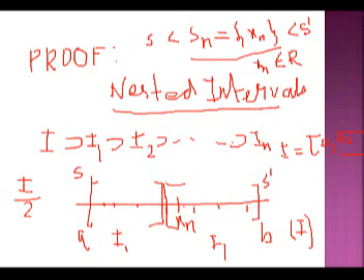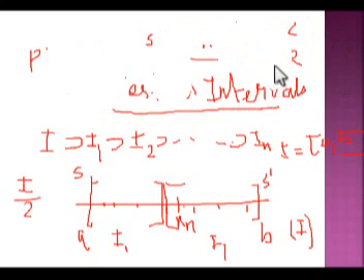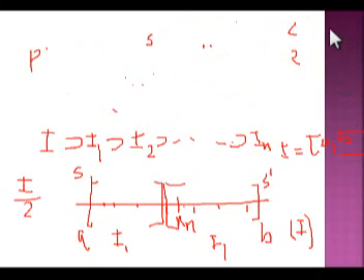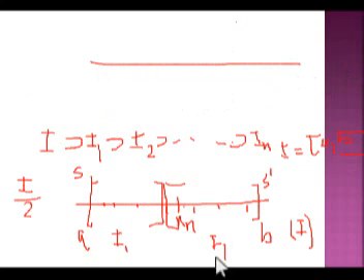Now, what will be the figure? The figure will reduce in this way. There is a point C where the division takes place, so we get C and B. After every division we take the interval where xn belongs.